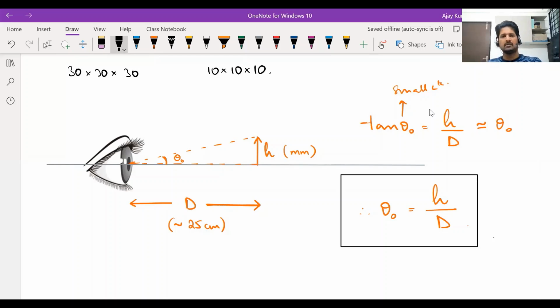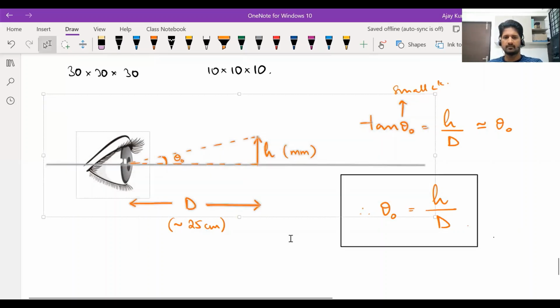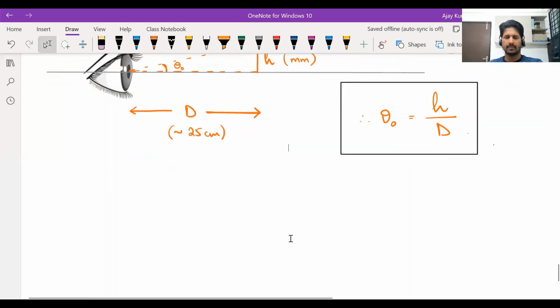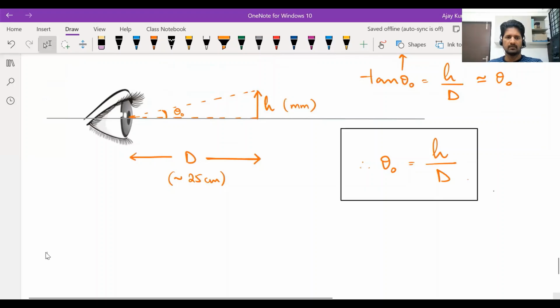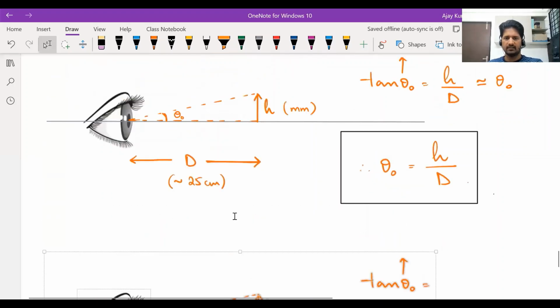Okay, fine. So is this point clear to all of you? How we derive this angle theta naught is equal to h by d? When we look at the object directly by keeping it at the near point distance, because that is when it would appear biggest to us, no?